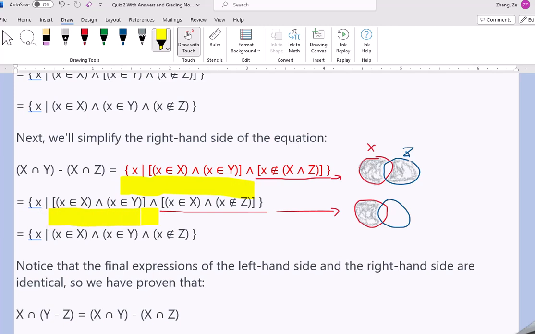It looks like the implication: now this part is x belong to y, and x not belong to z. So simply remove the parentheses? You put this in, so that's not correct. If you actually do this, this part is not directly equal to that part. So looks like this equals that. No, that's not. You see that?